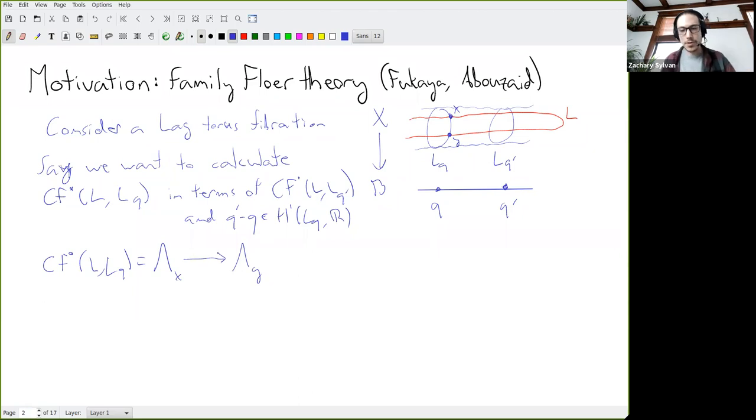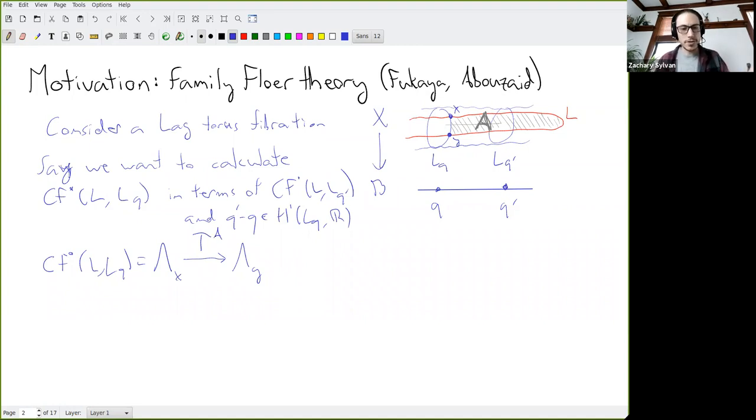And we have a map. We have this region, this is a bigon. This contributes to the Floer differential. And the area of this I'm just going to say is A. So we have a differential which is just multiplication by t to the A.